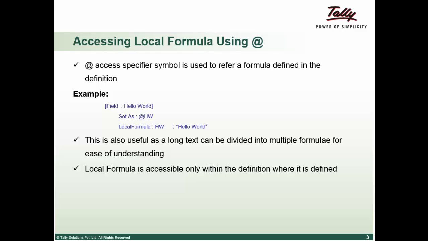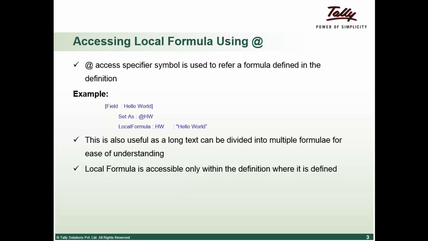Accessing a local formula using the at symbol. So the at access specifier symbol is used to refer to a formula defined within the same interface definition. The scope of the local formula is only within the current definition. A local formula is usually defined if the formula specified is not for the utility of the other definitions.